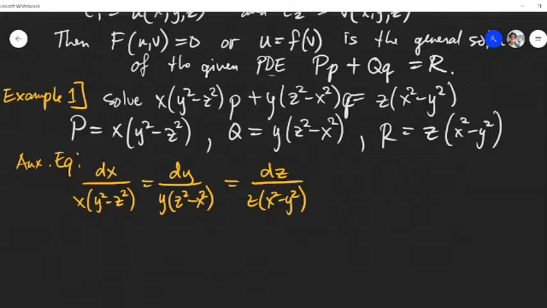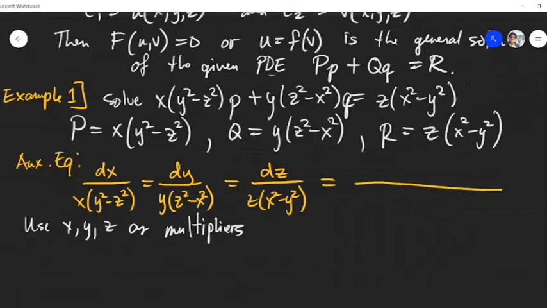So we are going to use x, y, and z as multipliers. So that means this will be equal to a new ratio where we are going to multiply the multipliers dun sa both numerator and denominators of each, and we are going to add numerators and denominators.